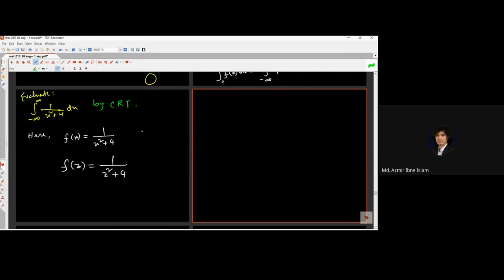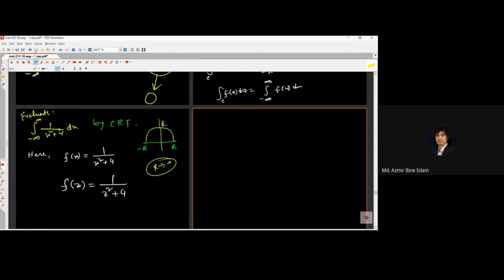So we are thinking about negative infinity to positive infinity. Since infinity is an unbounded region, we can think about negative r to positive r. That means from negative r to positive r, we have an upper circle with radius r. And remember, r is going to infinity. So let's try to write it this way.